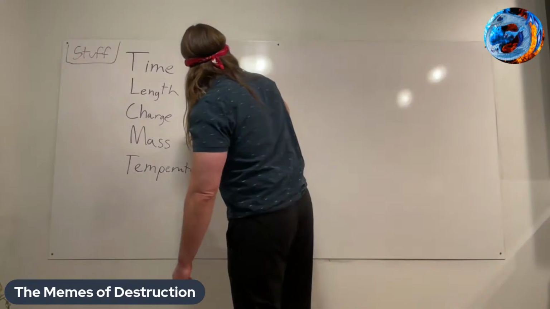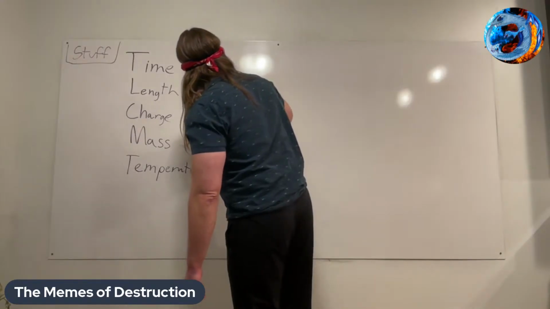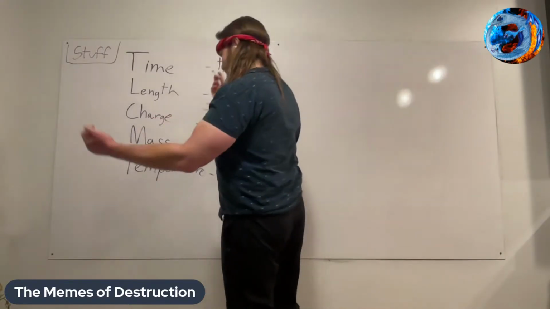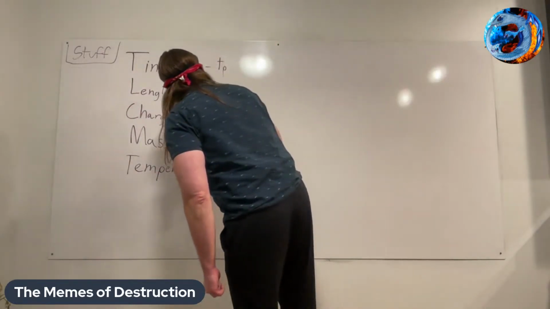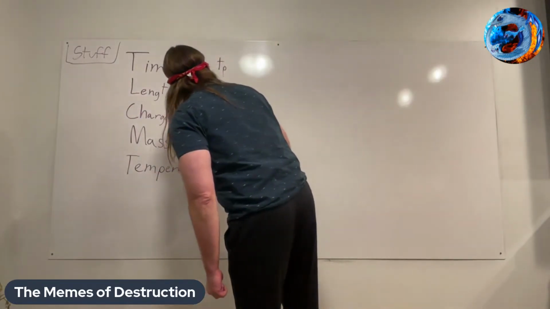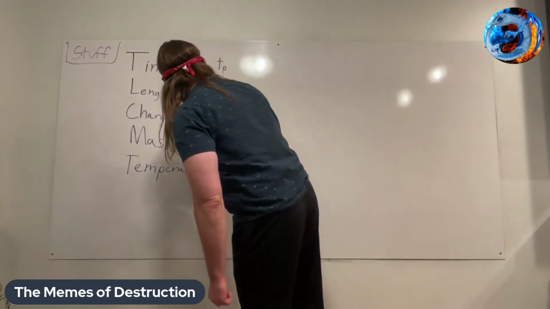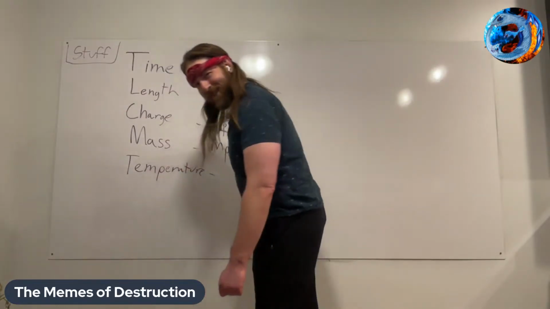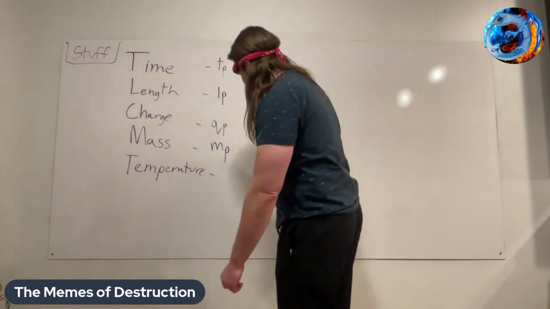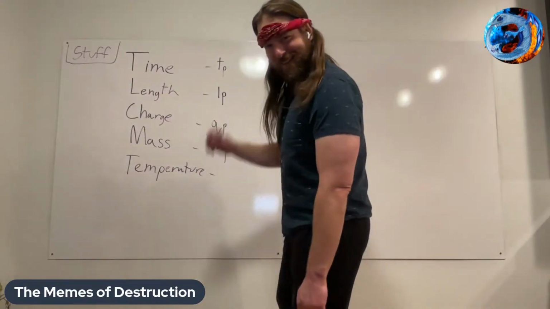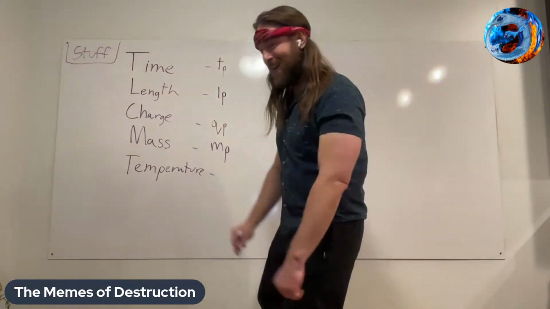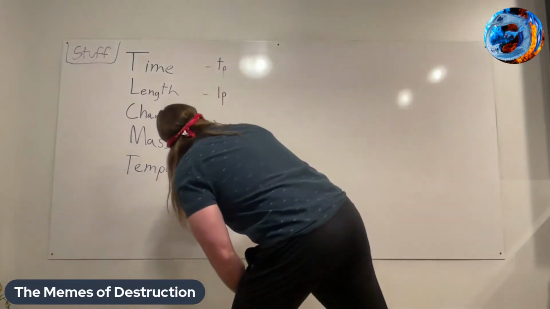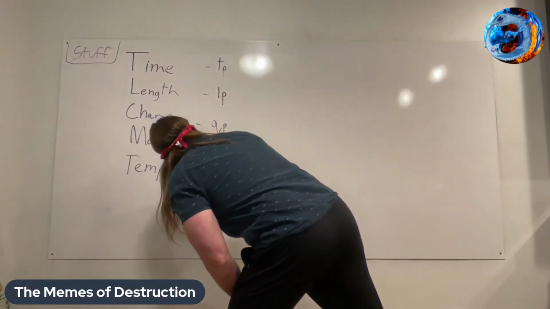Got length, and that's L sub p. Charge, we use Q for it, because that's what we do. You got Q sub p. Mass, we got M sub p. Are we detecting a pattern, anyone? When we get down to temperature, since it's 10 to the 32 Kelvin, that's freaking hot. That's big T sub P.